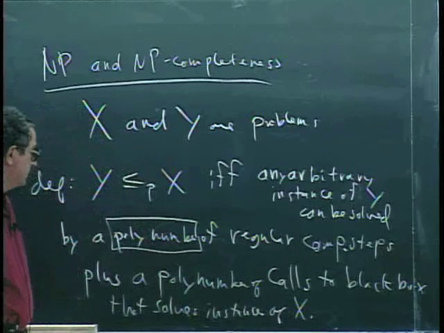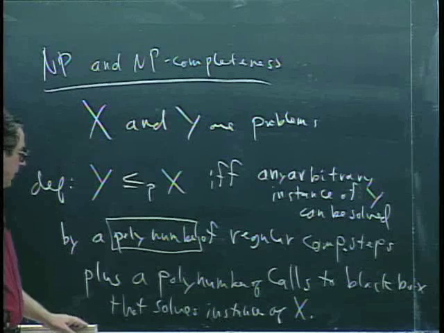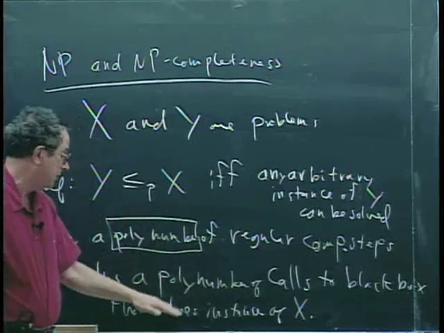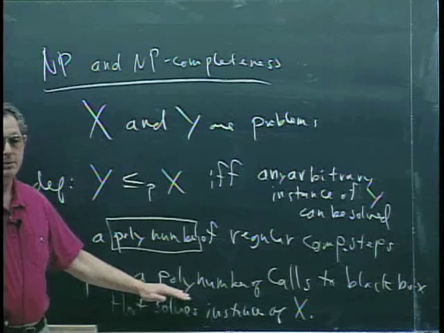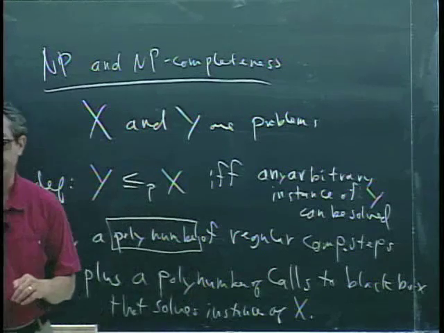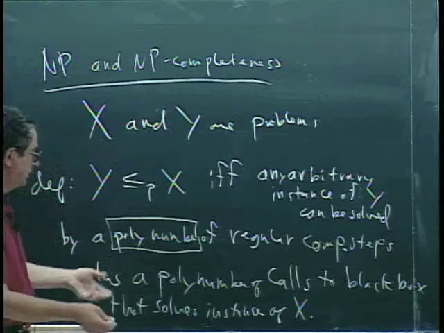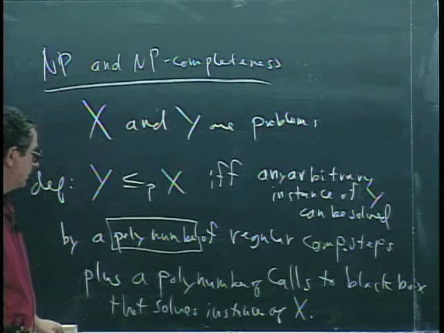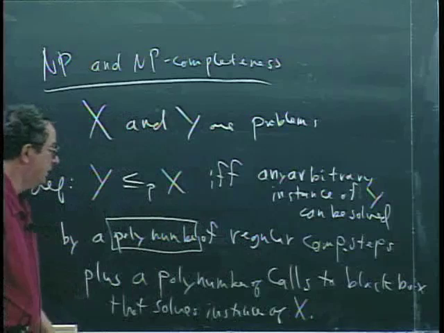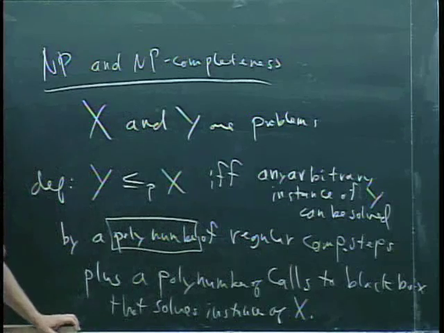And how many calls are you permitted to make? You're permitted to make a number of calls that's bounded by a polynomial function, polynomial in the input size of Y. Okay? So you've got this special power or ability to call this black box, and it can do its work, well, essentially by magic.